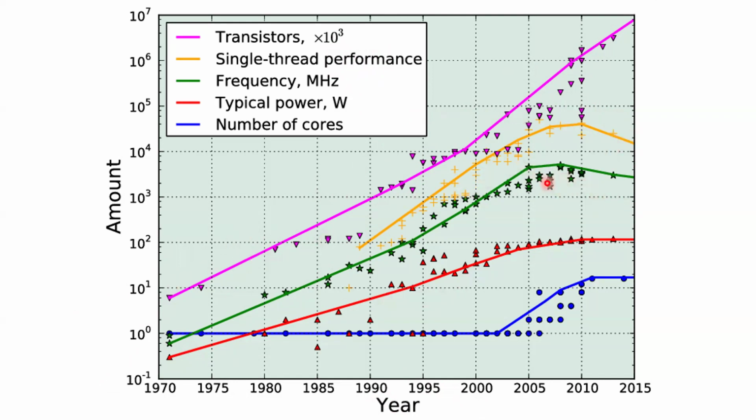Your frequency is degrading, and the power and number of cores are saturating. Which is why working more on single-threaded performance is not as desired at this point. At this point, we want to take advantage of multiple cores.